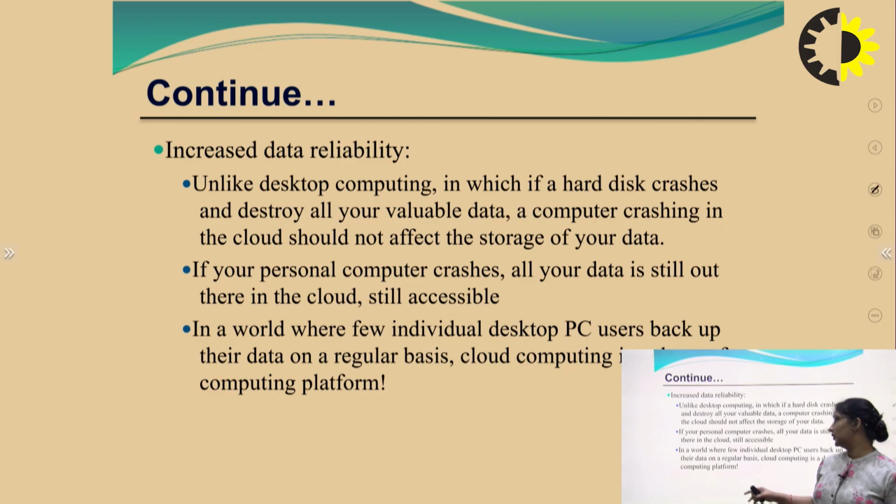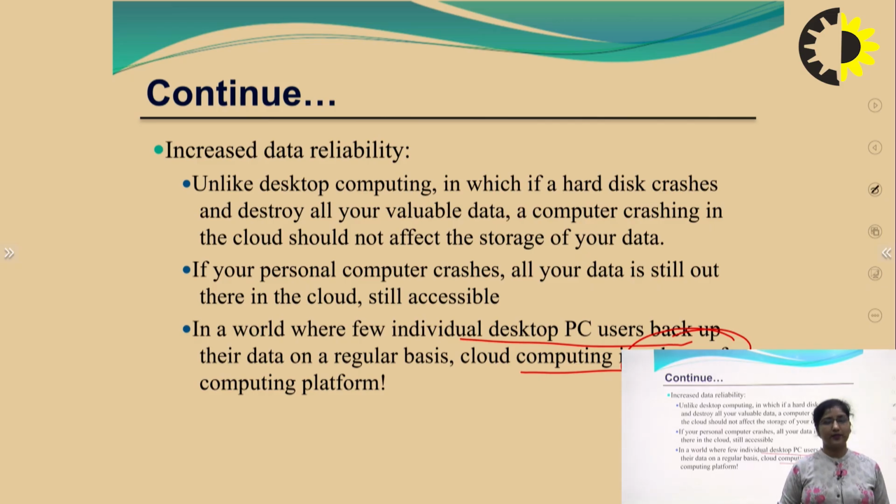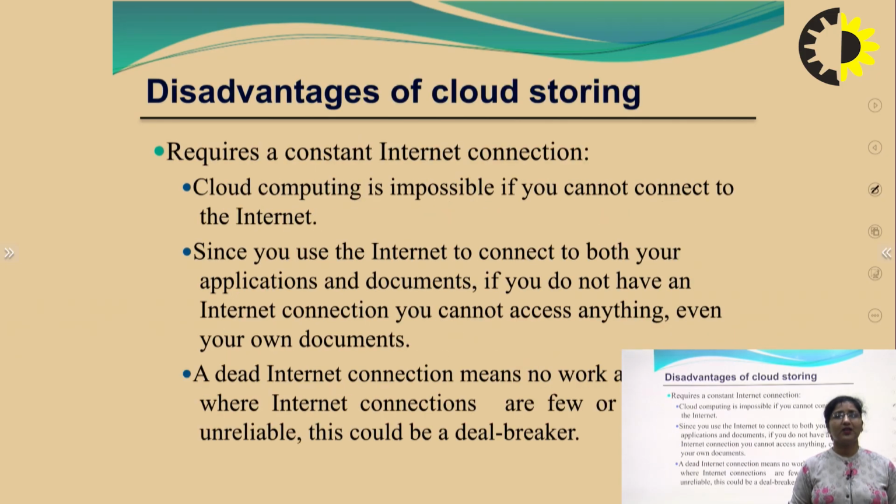In a world where there were individual desktops or PCs, they were used for backup of the data on a regular basis. Cloud computing is a data safe computing platform because the data does not go anywhere. Data is safe and sound on the cloud server, and from that cloud server, the data can be accessed.